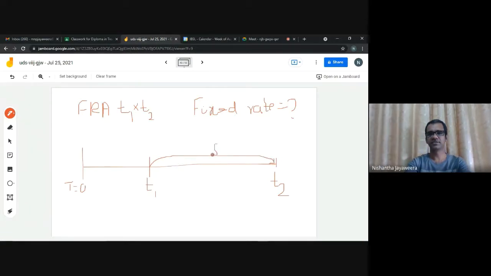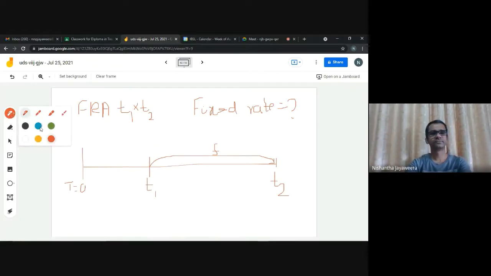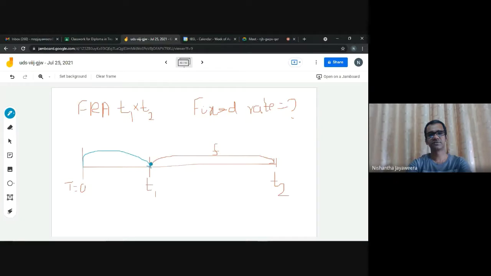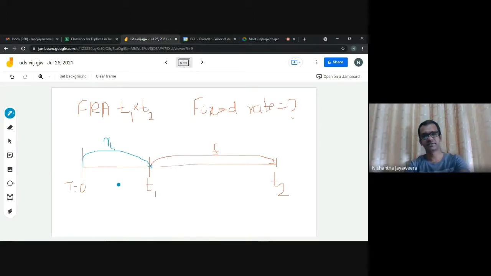I denote it as F. How are we going to fix that rate? What are the things that we know? We know the interest rate for this period, R T1. Correct? Do you know that interest rate?